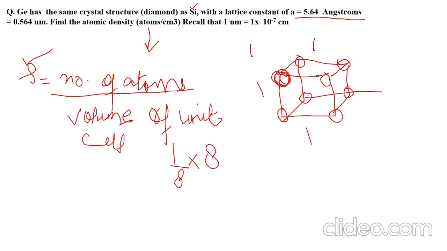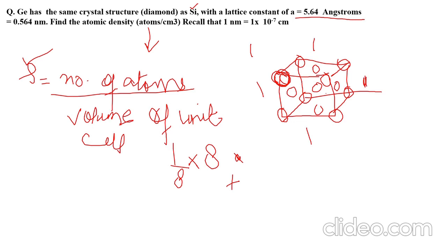So the corner atoms contribute 1 atom to the unit cell, for example in a face centered cubic cell. And then there are also atoms at the faces of the unit cell. There are 6 faces, 2 at the front and back, and the other 4 sides of the cube. Each face is shared between 2 unit cells, so this atom on the face is shared with this unit cell and the unit cell present here.